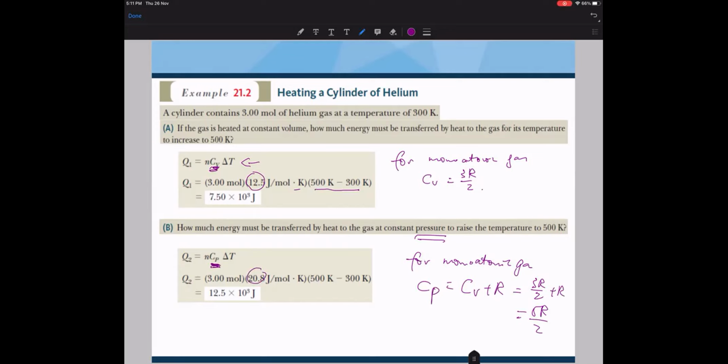All the others are the same. So it's 12.5 kilojoule of energy. So it's just a quick demonstration of how we should handle different processes of heating.